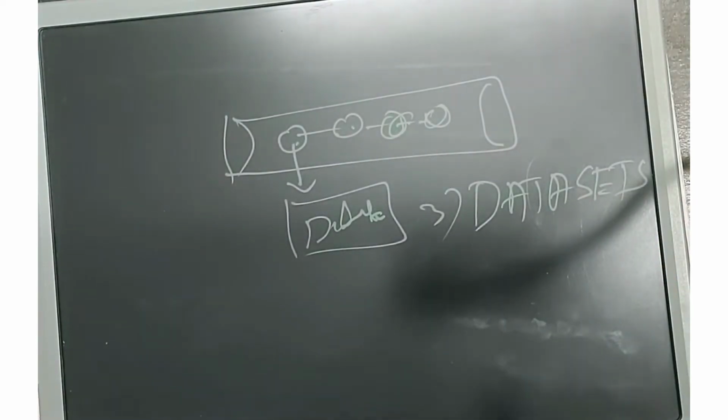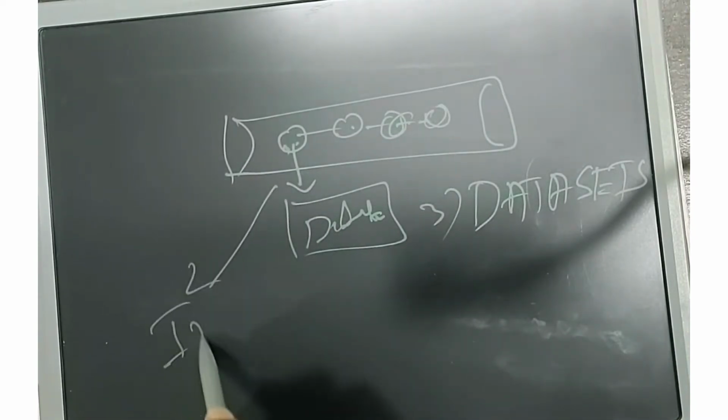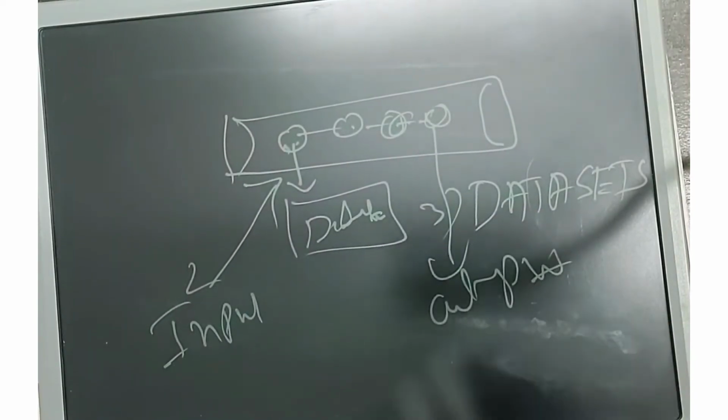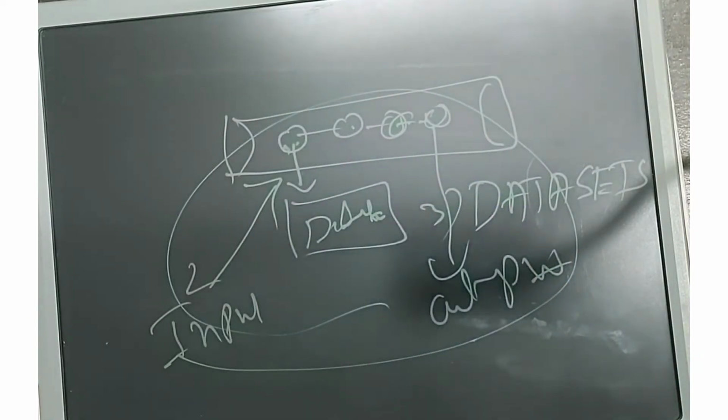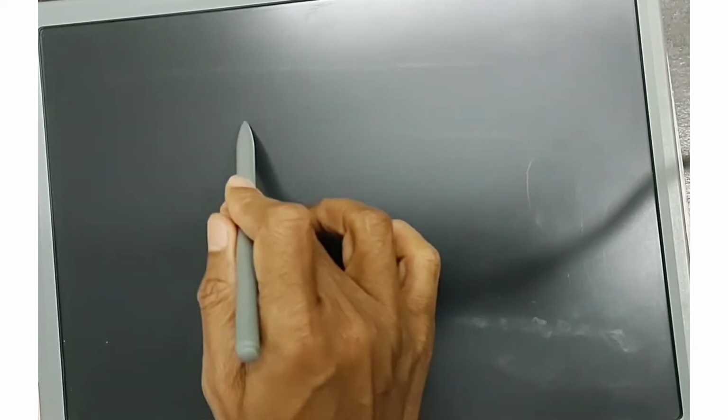Data sets represent data structures within the data source, which simply point to or reference the data you want to use in your activities as input or output, right?